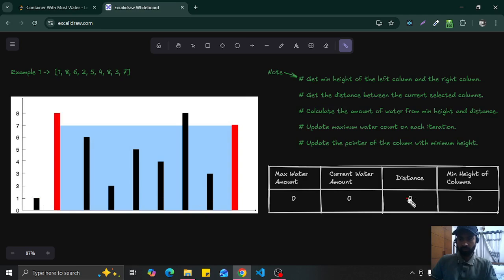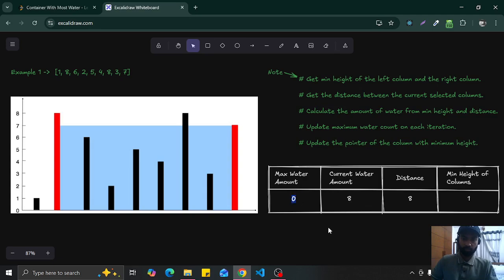Let's update this. Distance is 8. And the height of the lowest column is 1. So minimum height is 1. So the current water amount is going to be 8 into 1, which is 8.